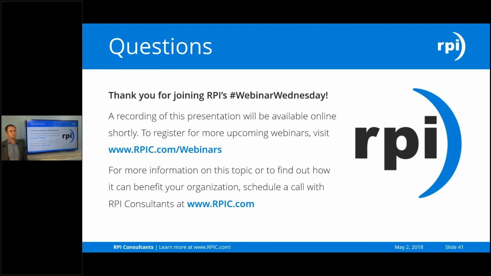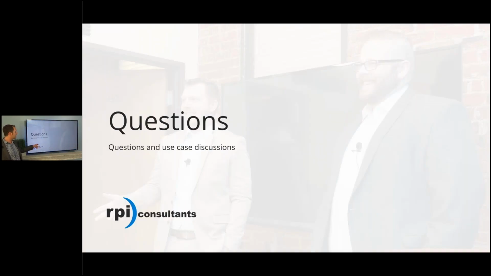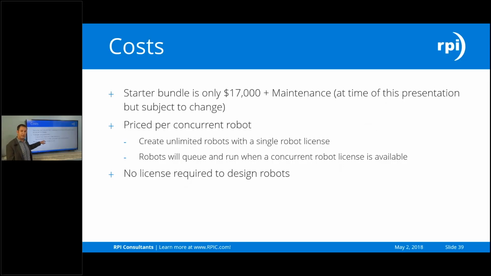So one question is, could an end user create the kind of robots that we're talking about? Yeah, so end users can create these robots. Like I mentioned a second ago on our licensing slide, the design studio actually does not require a license.